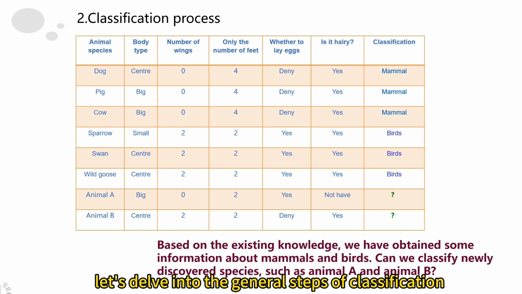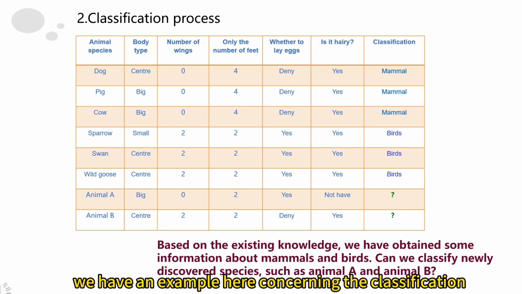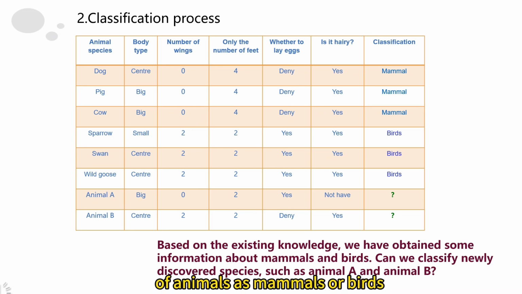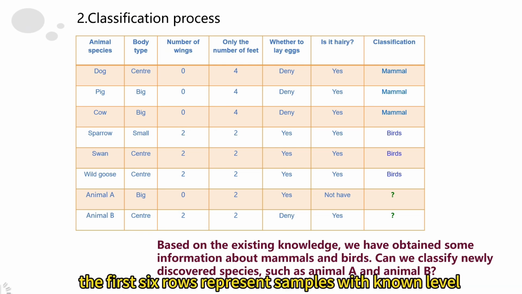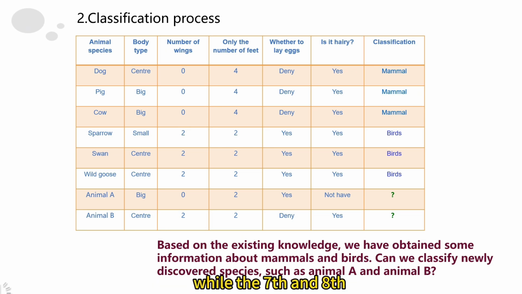Now let's delve into the general steps of a classification algorithm. We have an example here concerning the classification of animals as mammals or birds based on a series of features. In this table, the first 6 rows represent samples with labels, while the 7th and 8th samples have unknown labels.